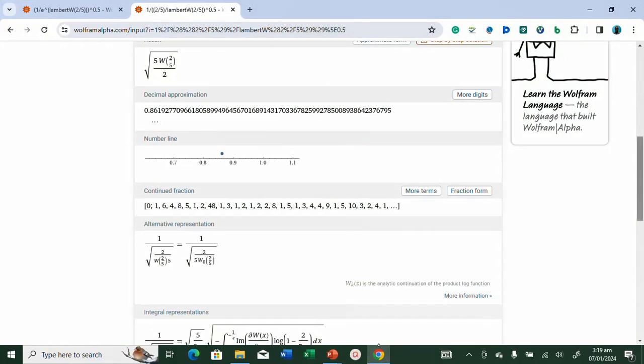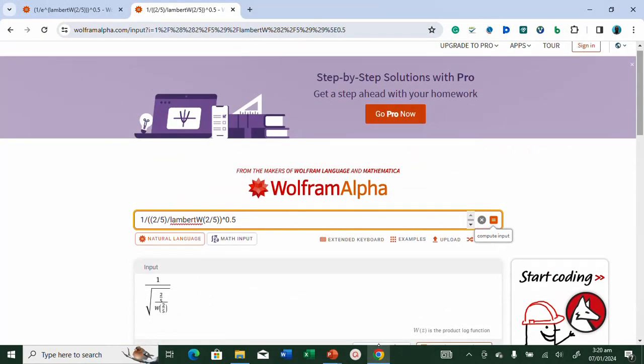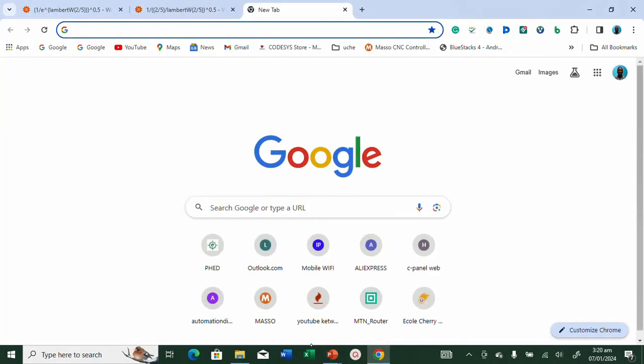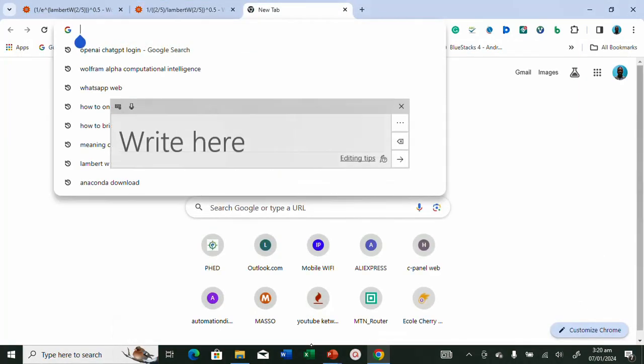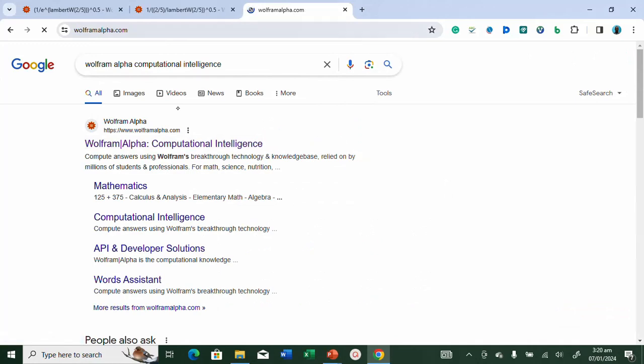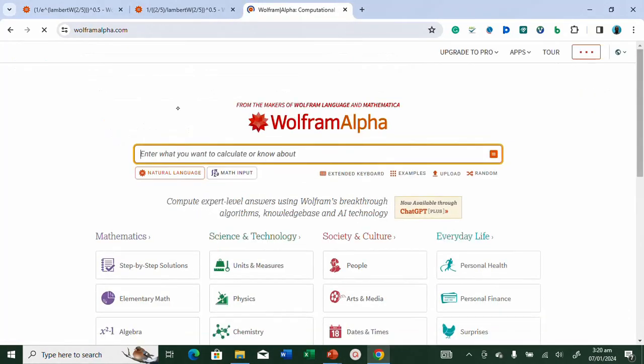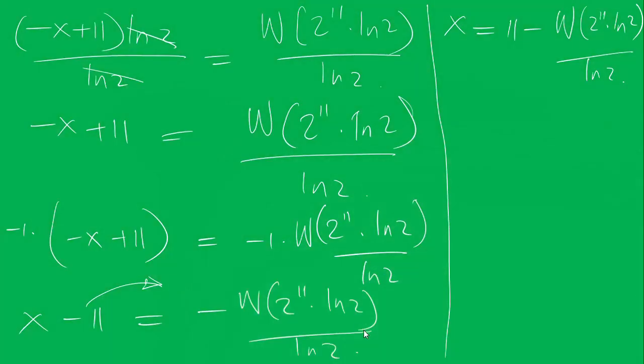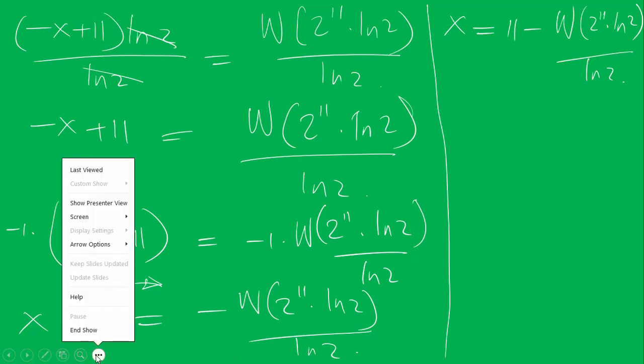If you input that into the Lambert calculator, which is this, let me see what we got and write it down. Okay. So let's input.